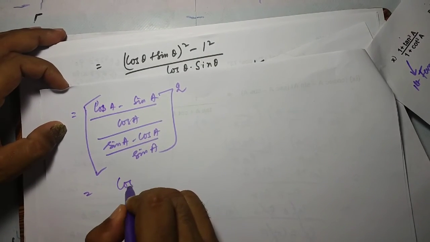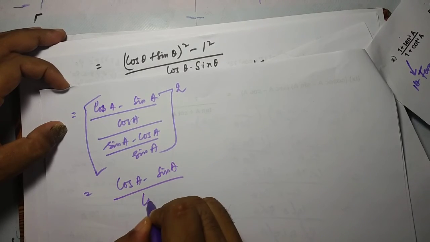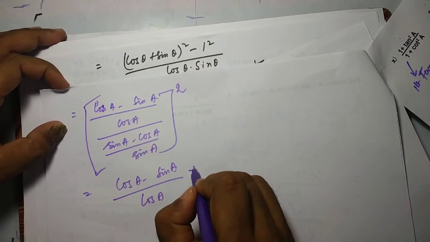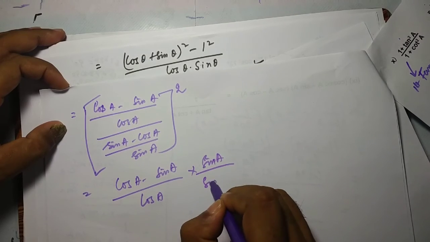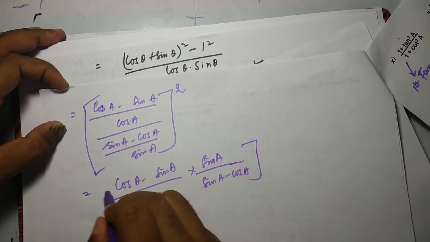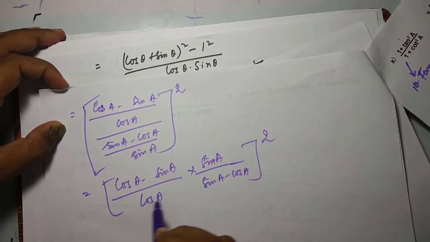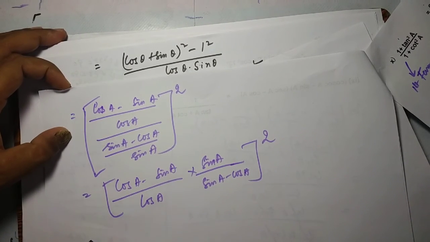So let's solve. This will be cos A minus sin A over cos A and this will be sin A over sin A minus cos A, whole square. Now take a minus common here.